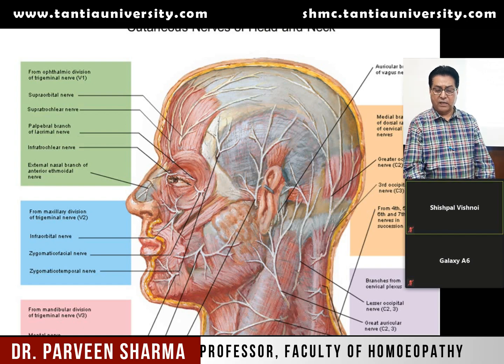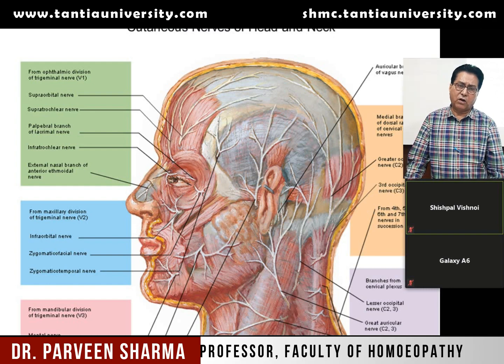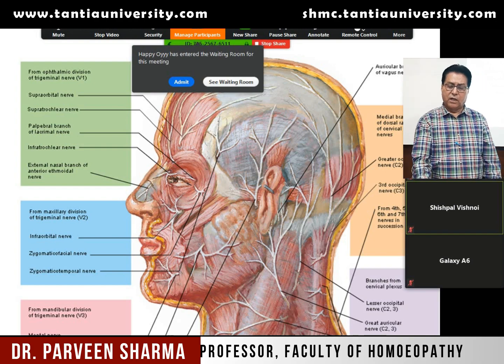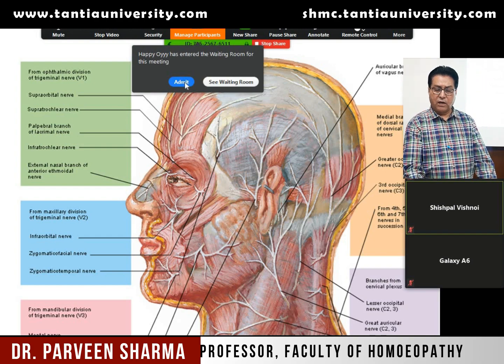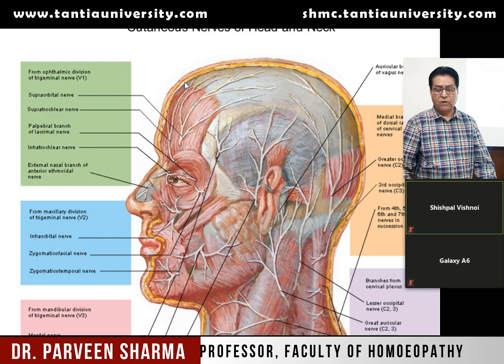These are branches of the trigeminal nerve. You have branches of the ophthalmic nerve, supratrochlear and supraorbital. Then you have the zygomaticotemporal, that's a branch of the maxillary nerve. Auriculotemporal is a branch of the mandibular nerve. So ophthalmic, maxillary and mandibular are the branches of the trigeminal nerve. In general, the trigeminal nerve is the sensory nerve for the scalp in front of your ear.